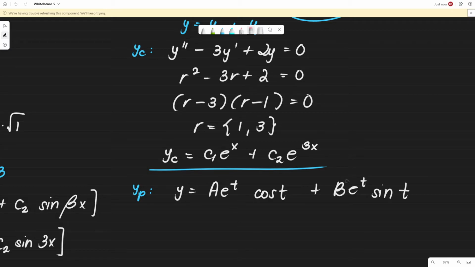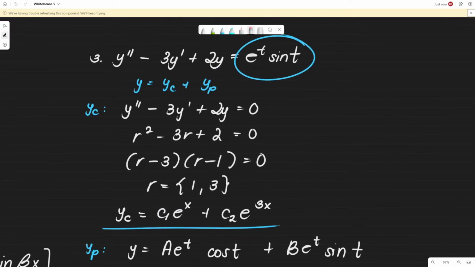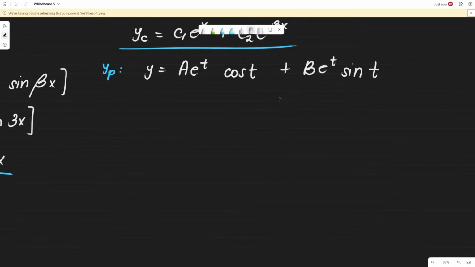So, let's get the derivative, since we need up to y double prime, we need to get the derivative of this twice. Okay, so we have here y prime. So, we have a e^t times the derivative of cosine t, that is negative sin t.